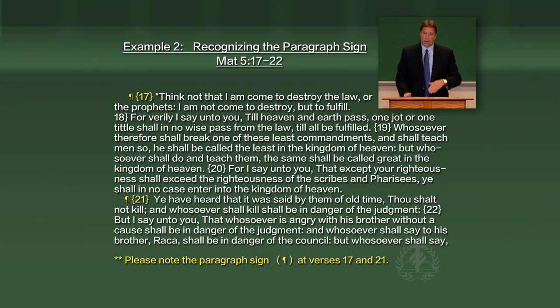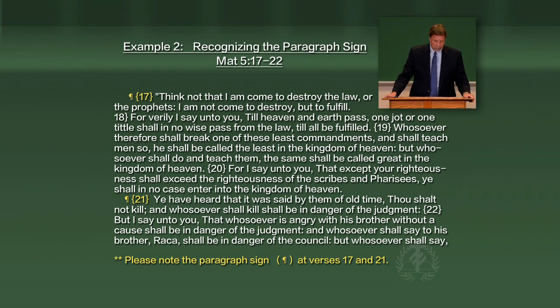The next paragraph would be 21 through 22 based on the paragraph sign. And that original paragraph would maintain itself until you see another paragraph sign come, or you arrive at verse 1 of the next chapter. So a second way of seeing whether or not you have a division in a chapter is a paragraph sign. Emboldened number is number 1, paragraph sign is number 2.